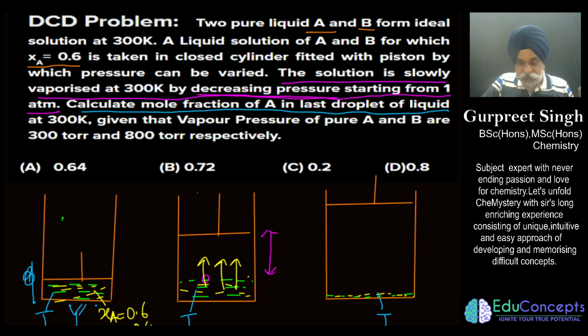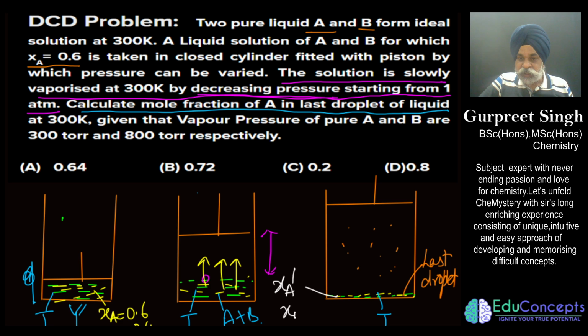So now liquids A and B are getting converted into vapors, and when all of this liquid has been converted into vapors, what you are left with is the last droplet. For this last droplet you are supposed to find XA dash and XB dash.